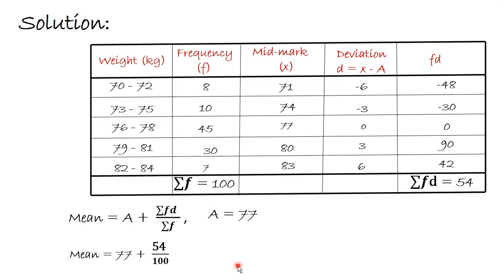Let's work this out together. 77 plus 54 divided by 100, that is 77.54. So that is going to be the mean. That is the mean weight. It's going to be 77.54 kilograms.